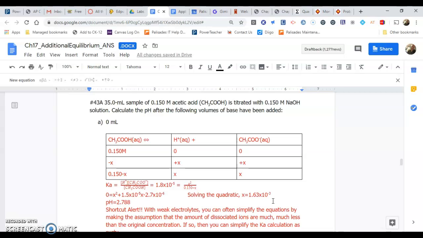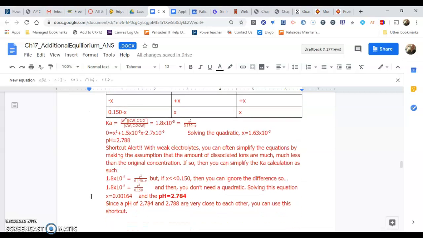So that's 0.00163, right? That's much, much less than 0.15. So if it's only going to dissociate a little bit, you can save yourself a lot of time and a lot of frustration by not doing a quadratic.